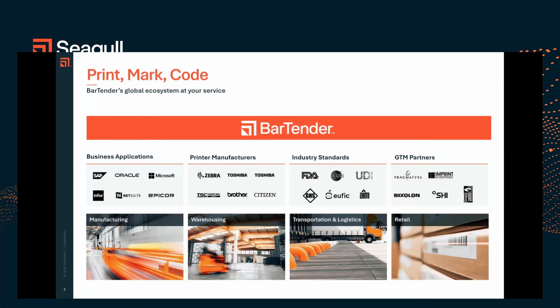But it's more than just labeling software, because BarTender offers a complete ecosystem of labeling experts, from printer manufacturers to business applications to our partner resellers. We work with a wide range of industry leading partners to ensure that you build the labeling solution that best fits your specific business needs, no matter where you function within the supply chain.